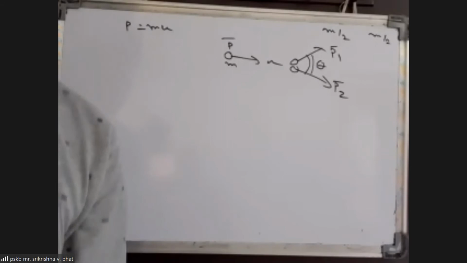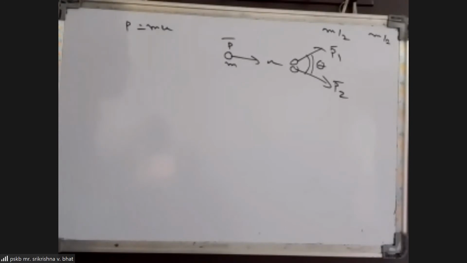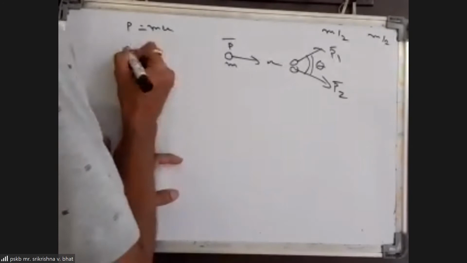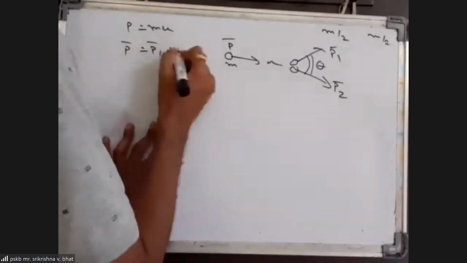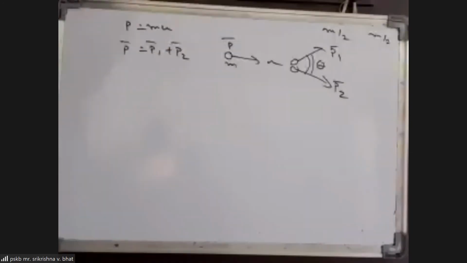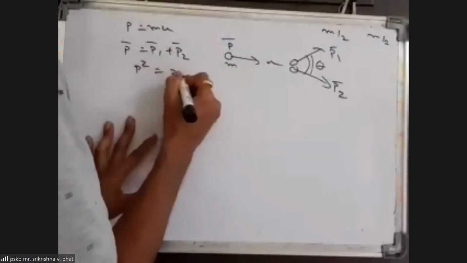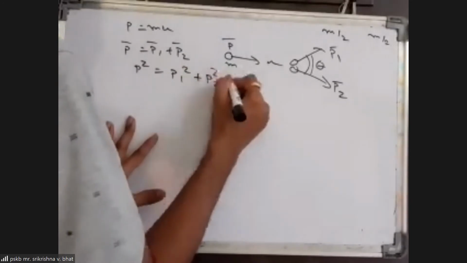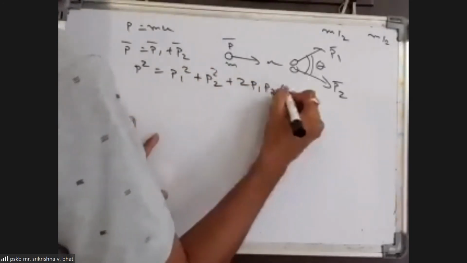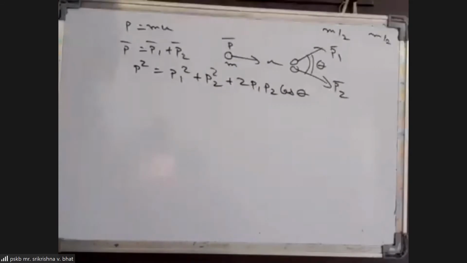From momentum conservation, we can easily say that p bar must be equal to p1 bar plus p2 bar. Since the angle between p1 bar and p2 bar is theta, using the formula for the resultant of two vectors, a1 square plus a2 square plus 2 a1 a2 cos theta, we get p square equals p1 square plus p2 square plus 2 p1 p2 cos theta.